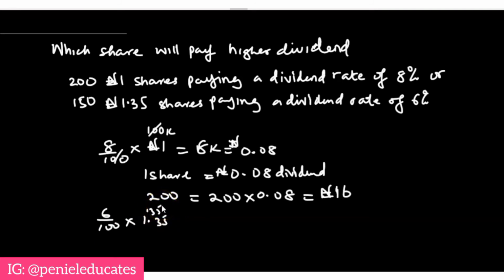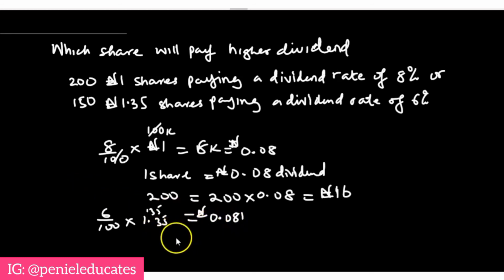If you do that arithmetic, 6 multiplied by 135 gives 810, and if I divide it by 100, it's going to give me 8.1, that is 0.081 naira.